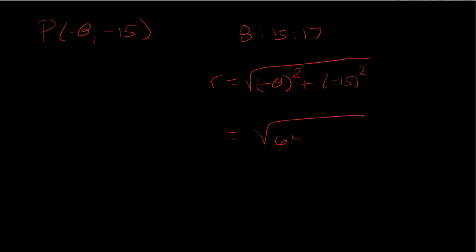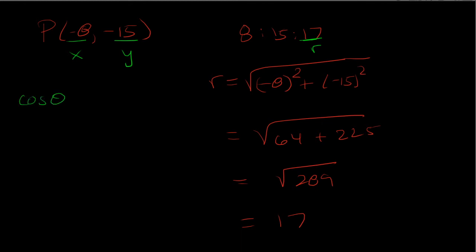So that's 64 plus 225, which is 289, and that's 17. Okay, so r is 17 in this case. Negative 8 is x, negative 15 is y. Okay, so now we can look at the functions.